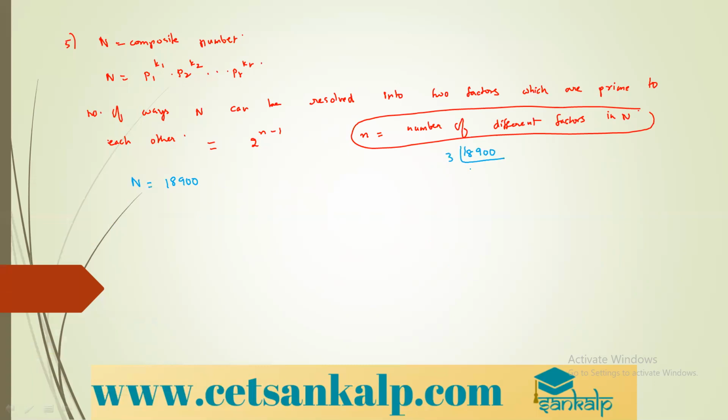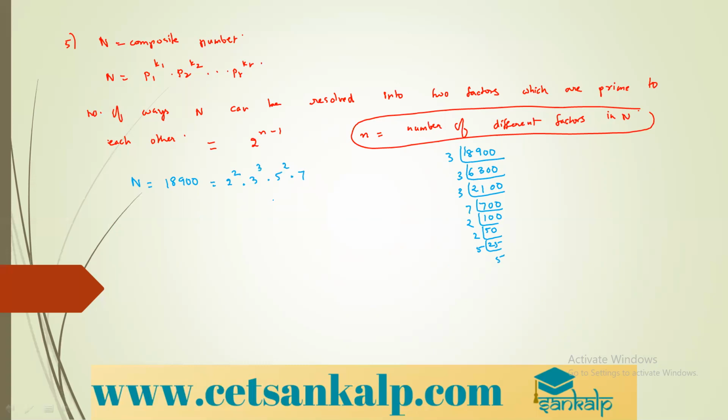I will take 3. 3 6s, 3 3s, 0 0. 3 2s, 1s, 0 0. 3 7s, 0 0. 7 1s, 0 0. 2 5s, 0. 2 50s, 2 25s, 5 5s. So if you see the factors for this, it is 2 square into 3 cube into 5 square into 7 power 1.